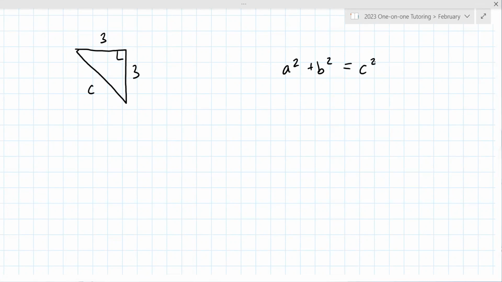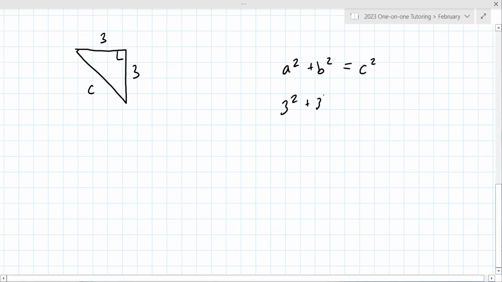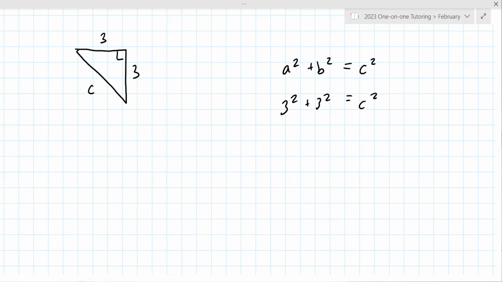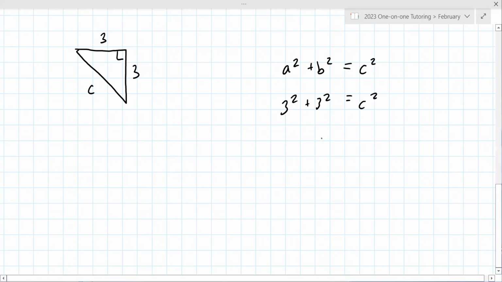A squared is 3 squared, B squared is 3 squared. That equals C squared. Okay. So it's 9 plus 9, which is 18. 18 equals C squared.